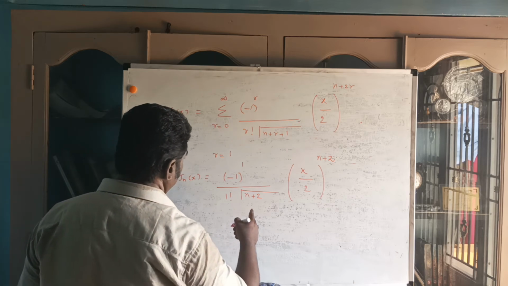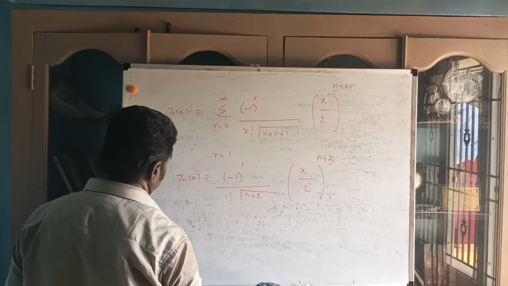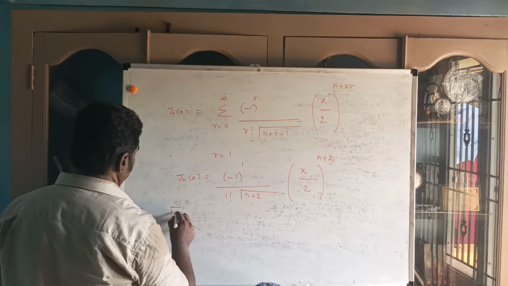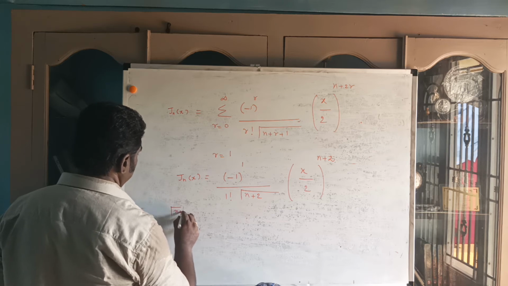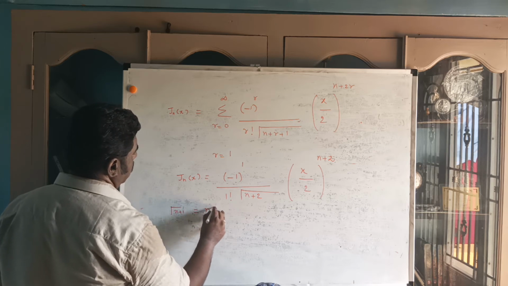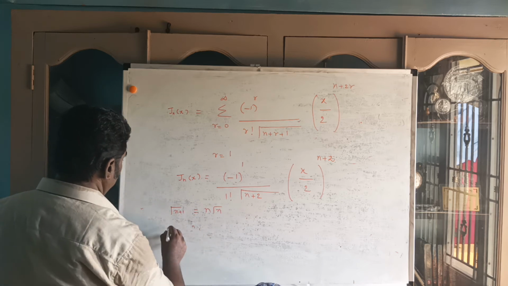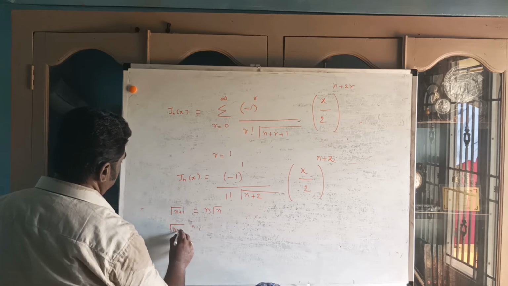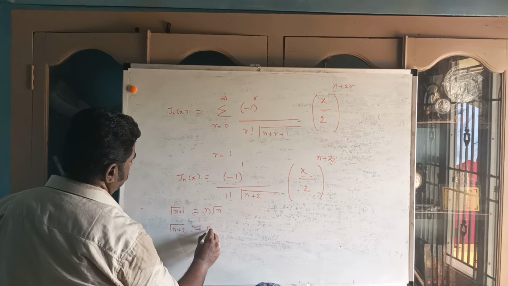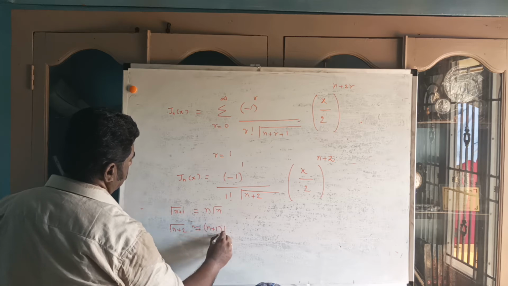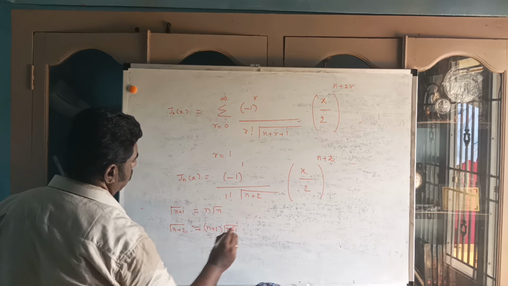First we should know the meaning of gamma of n plus 2. The formula is known to you. Gamma of n plus 1 is equal to n gamma n. Therefore, gamma of n plus 2 equals n plus 1 into gamma of n plus 1.